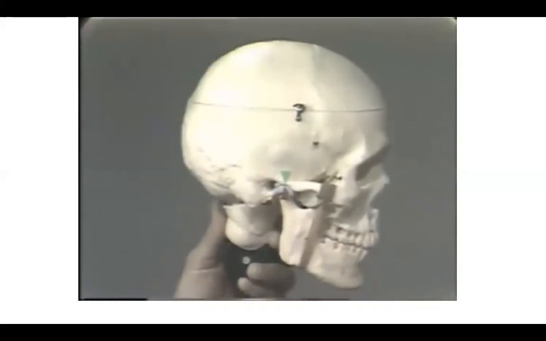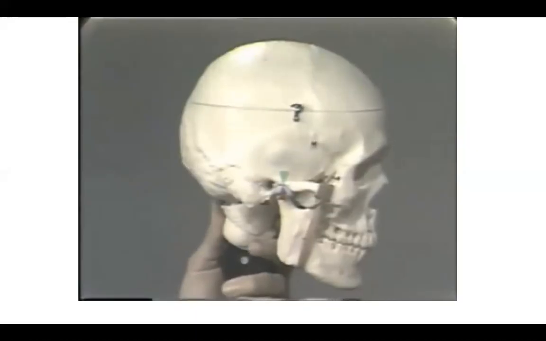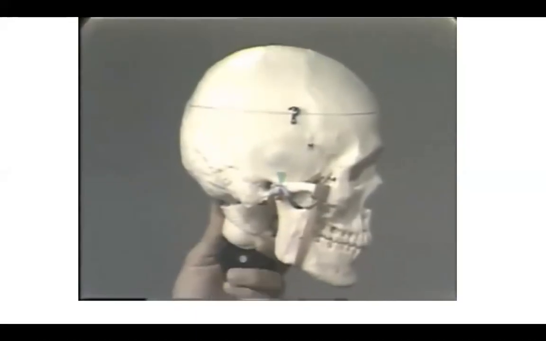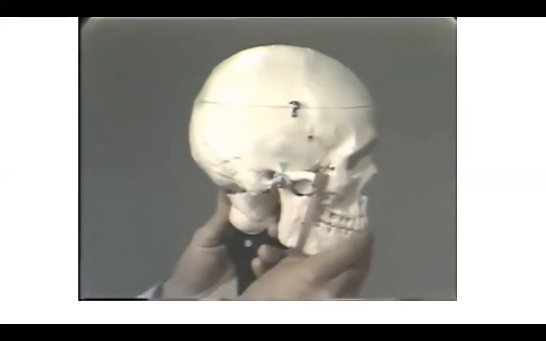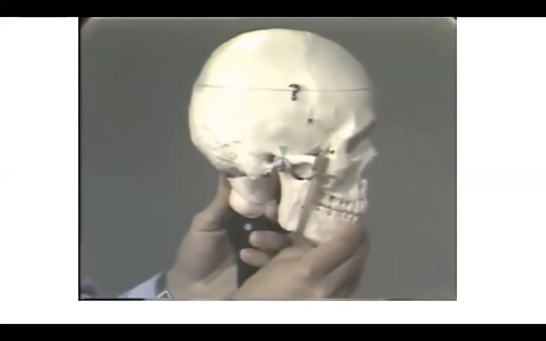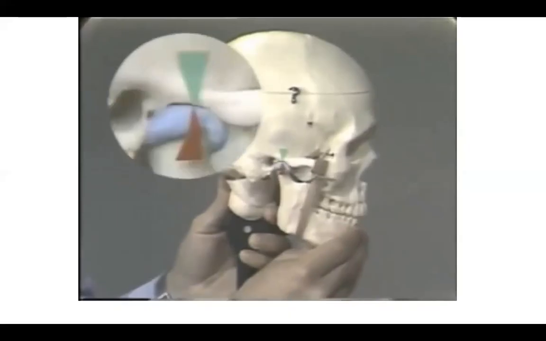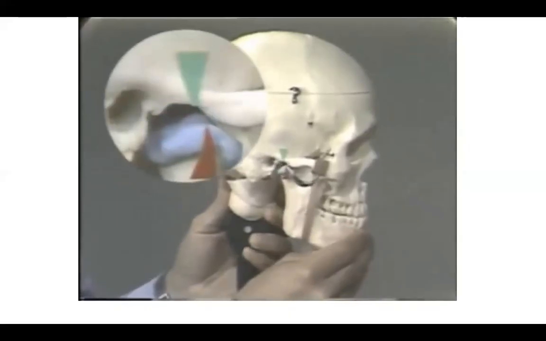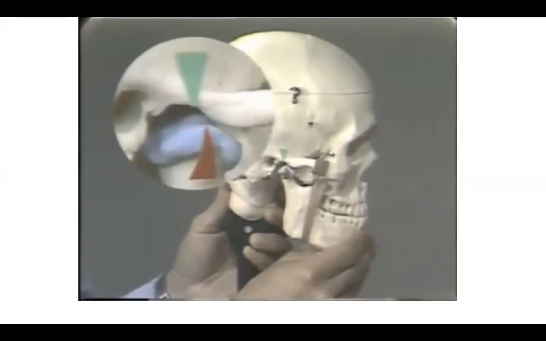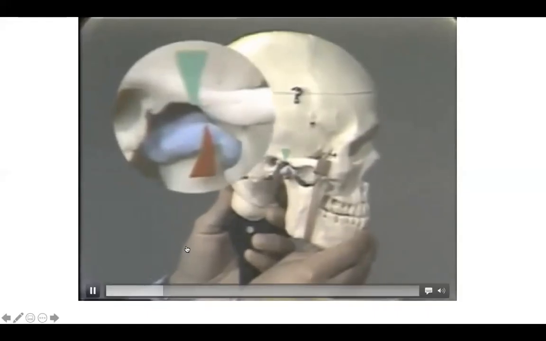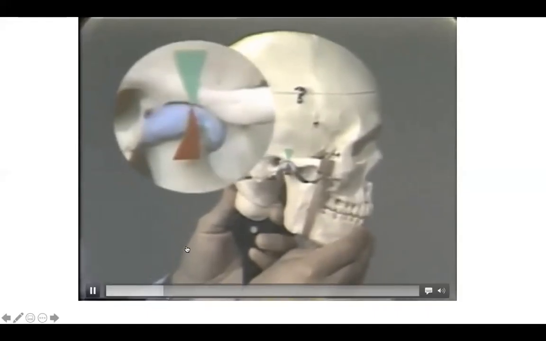Now, we can also use this view to look at the protrusive movement of the mandible. If we allow the jaw to come forward, we see that the condyle and disc come forward.